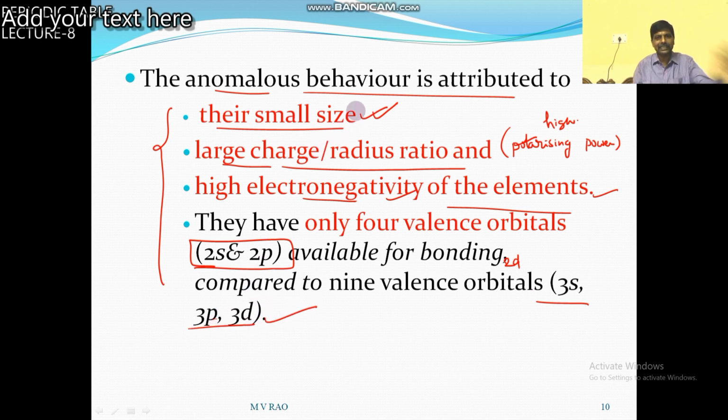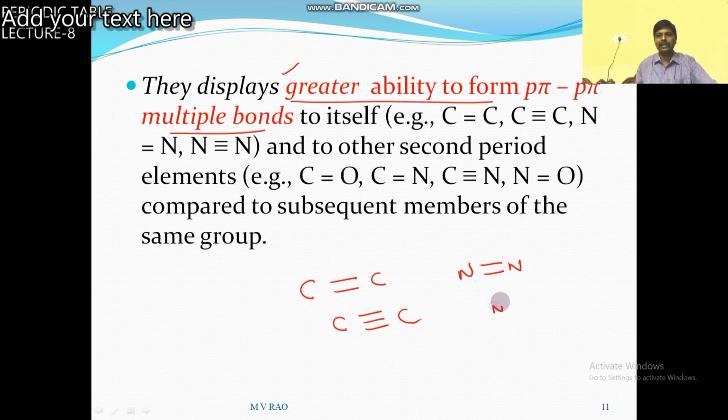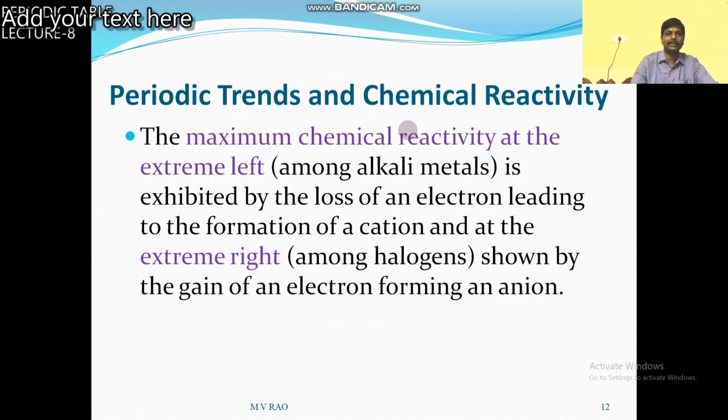So they display greater ability to form multiple bonds between themselves: carbon with carbon double bond, carbon with carbon triple bond, nitrogen double and triple. So the ability to form multiple bonds is because of the absence of d orbitals. So that is about anomalous behavior.